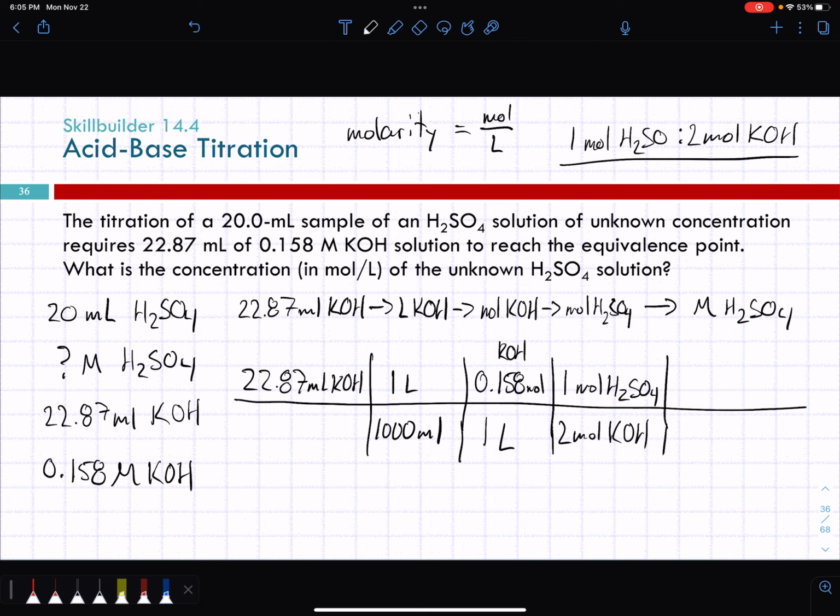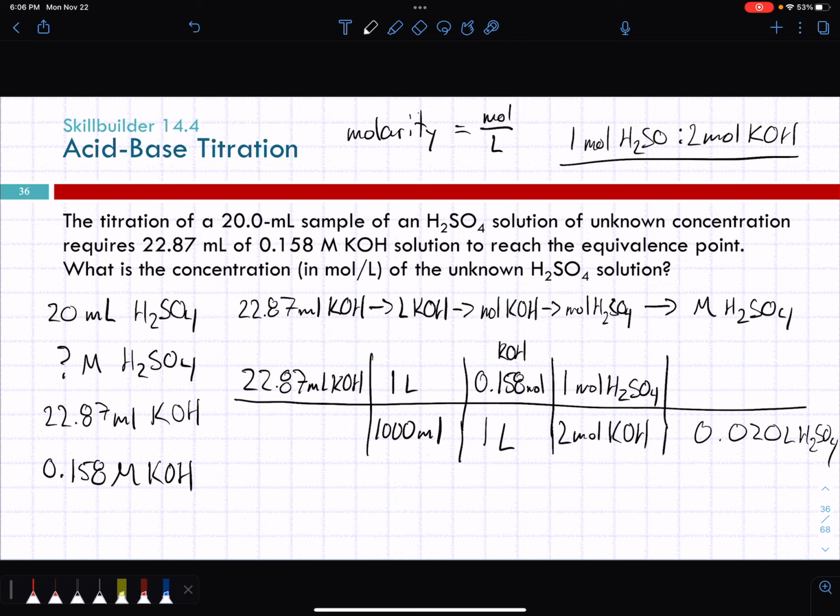And then I'm going to take this 20 mils and divide by 0.020 liters of H2SO4 solution. And that will give us molarity.